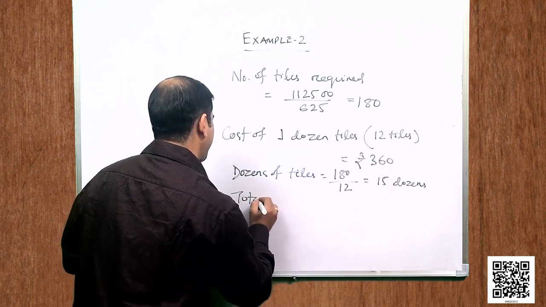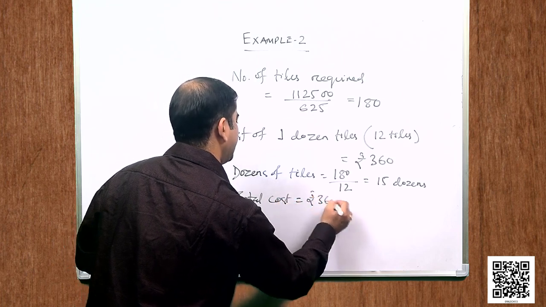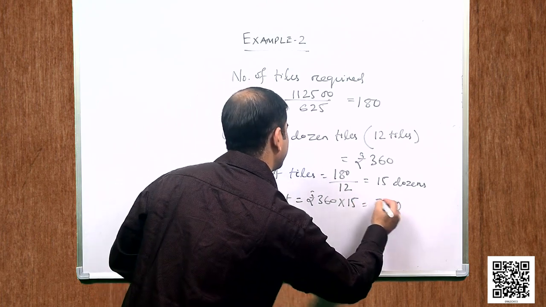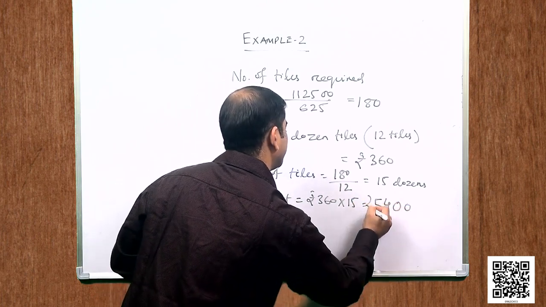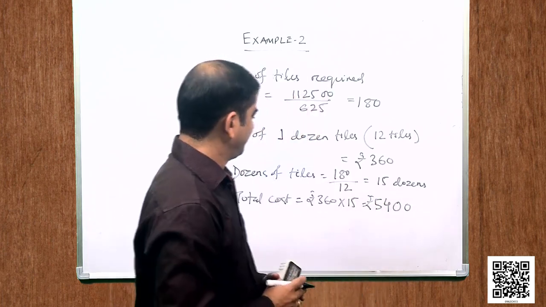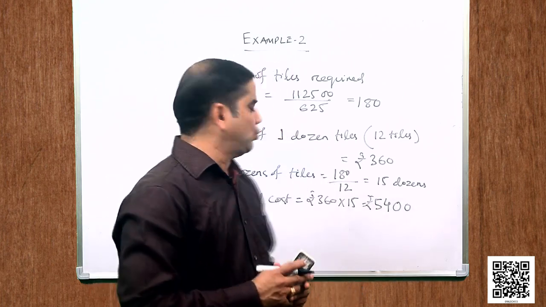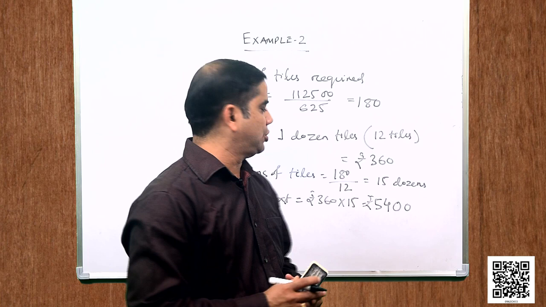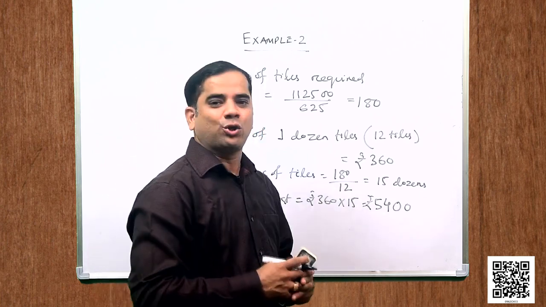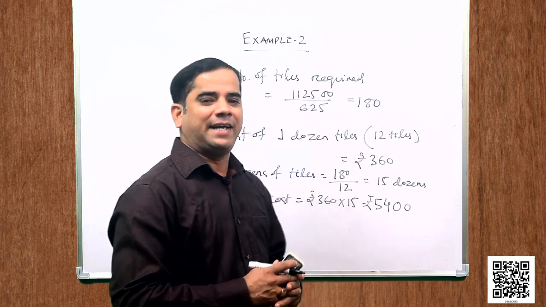So, total cost will be rupees 360 into 15, rupees 5400. So, Hamid needs to spend rupees 5400 to purchase 15 dozens of tiles so that he can cover 5 surfaces of the tank.